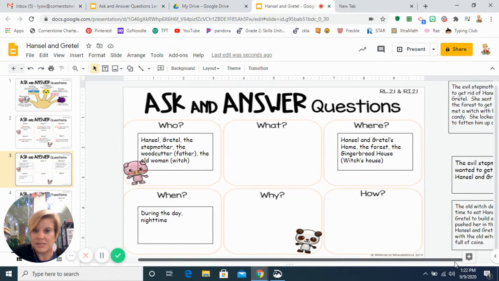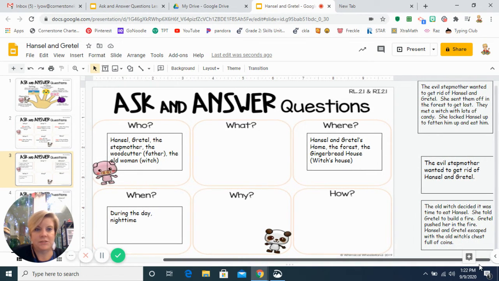Now, what was the problem in the story? So remember, the evil stepmother wanted to get rid of Hansel and Gretel. And for this part, also for the what, you're also telling about the beginning, middle, and end. So it's all the different things that happened, the events, and the problem.